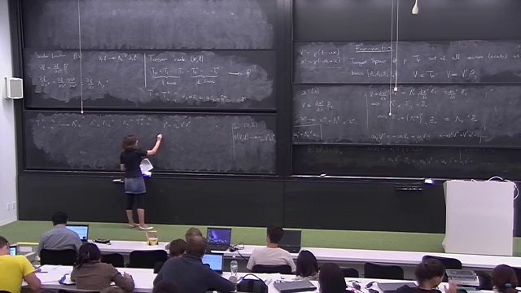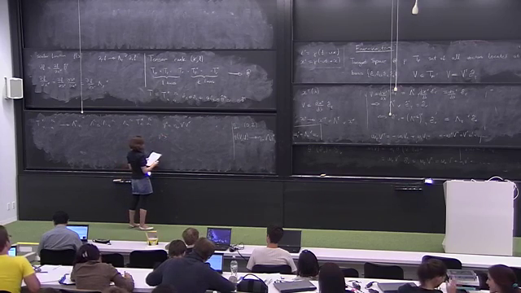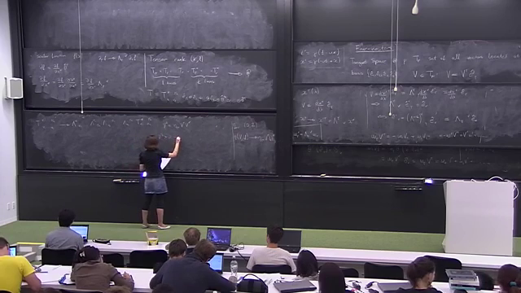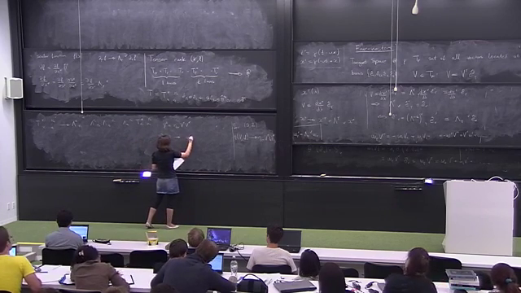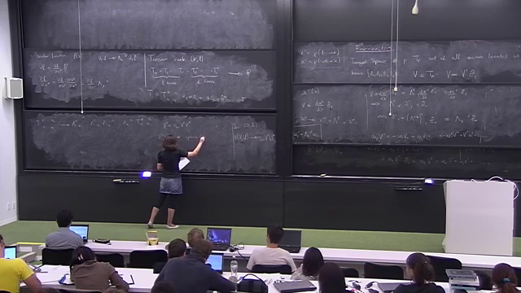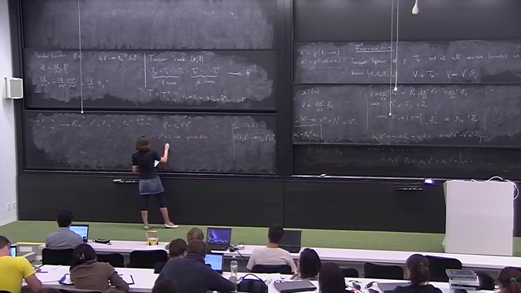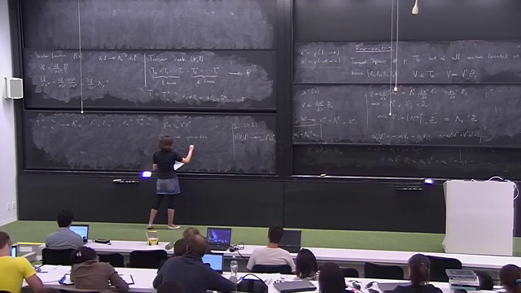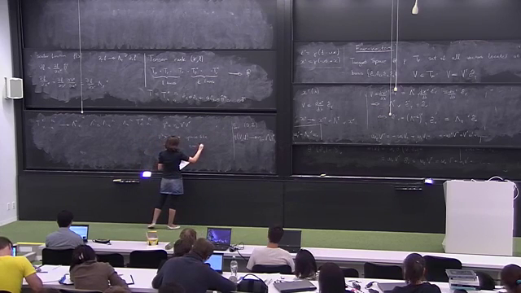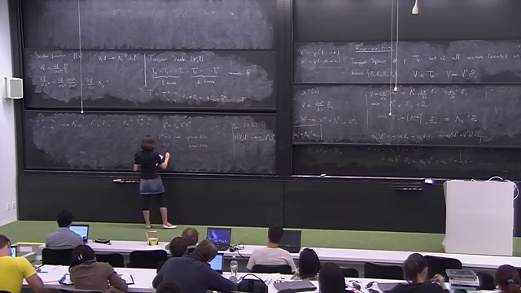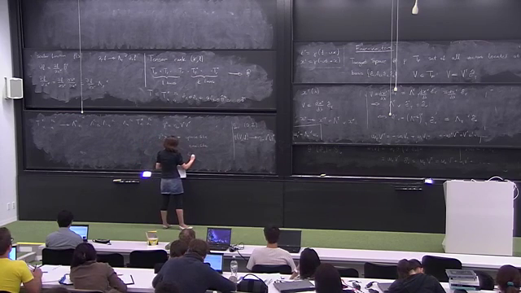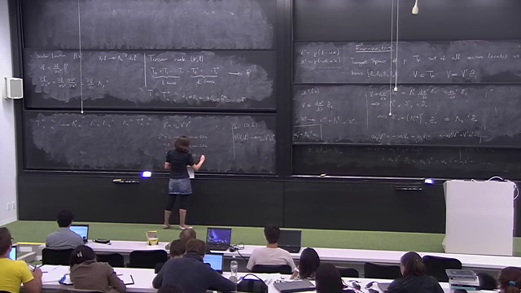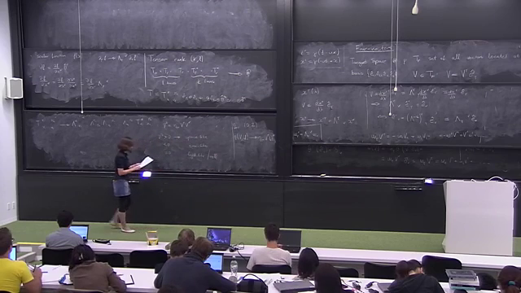And if v squared is greater than 0, we say that the vector v is space-like. If it is less than 0, it is time-like. And if it is 0, this is a light-like or null vector.